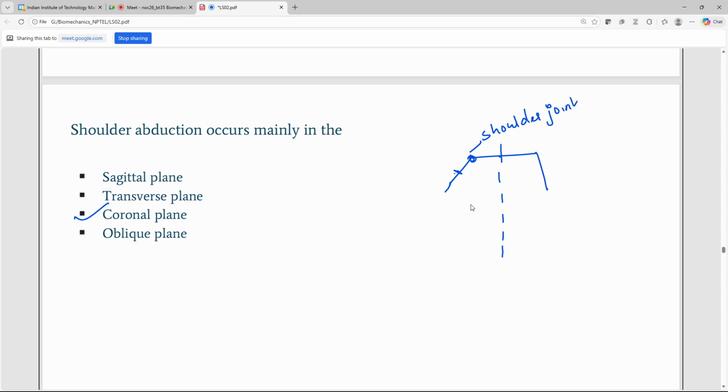Abduction is the motion of moving the hand away from the body. The word abduction means taking away. So taking the hand away from the body, that's the motion. It is confined to a plane that is parallel to the front of the body. That is the coronal plane, or the frontal plane.